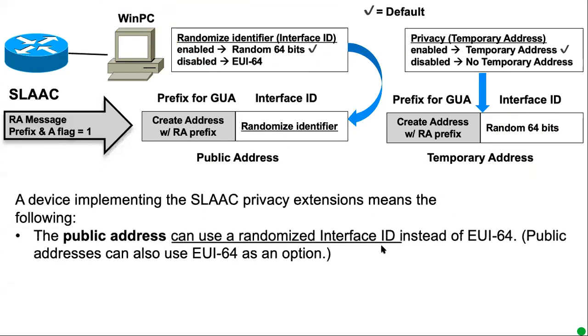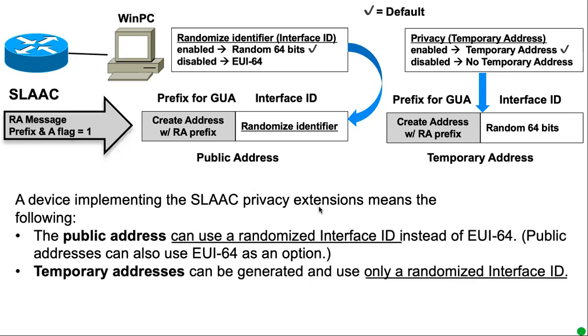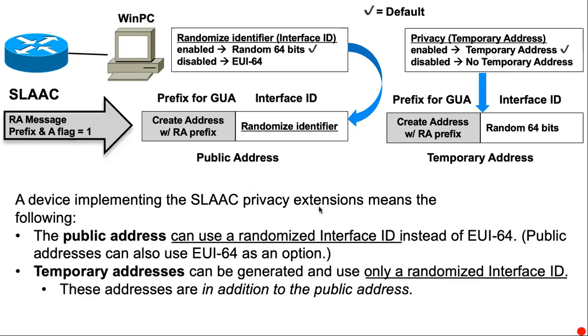So, implementing the SLAAC privacy extensions, we see that the public address I mentioned has a randomized identifier, and so does the temporary address. A temporary address can only have a randomized identifier. So it is possible to change the public address to EUI64 and have a temporary address, but the temporary address must use a randomized identifier.